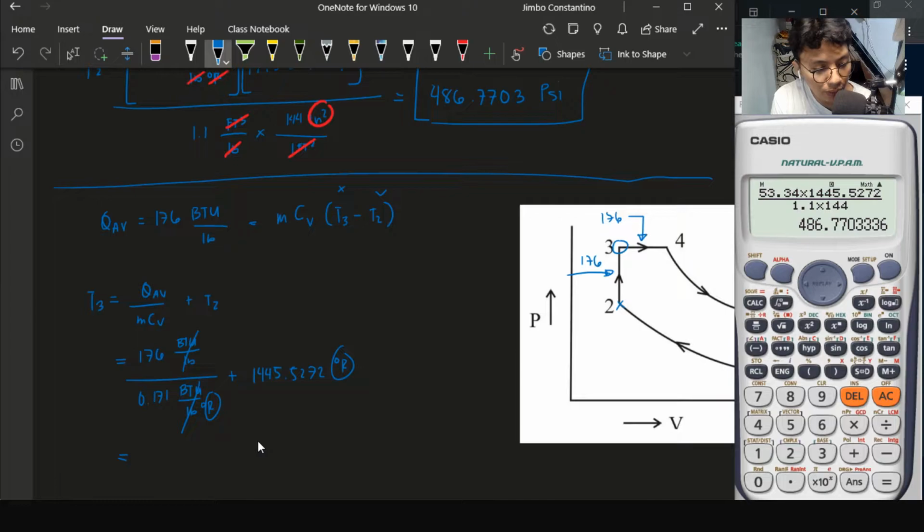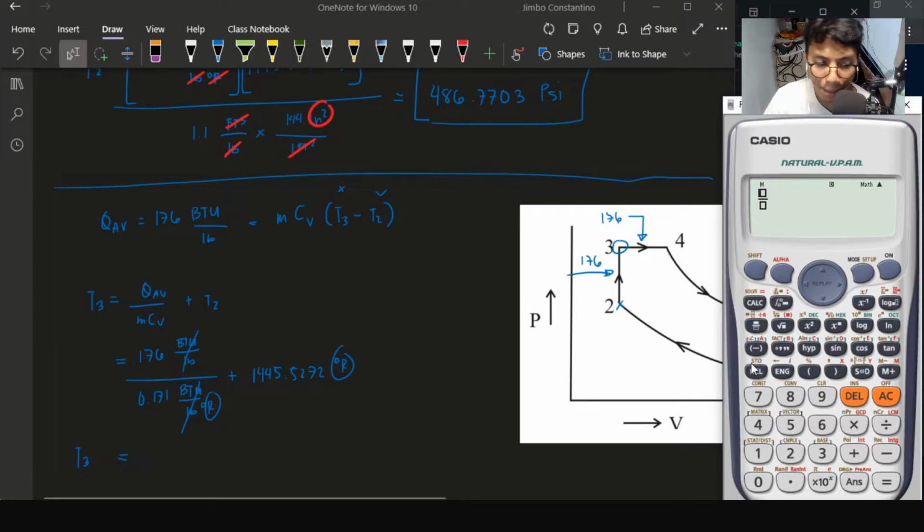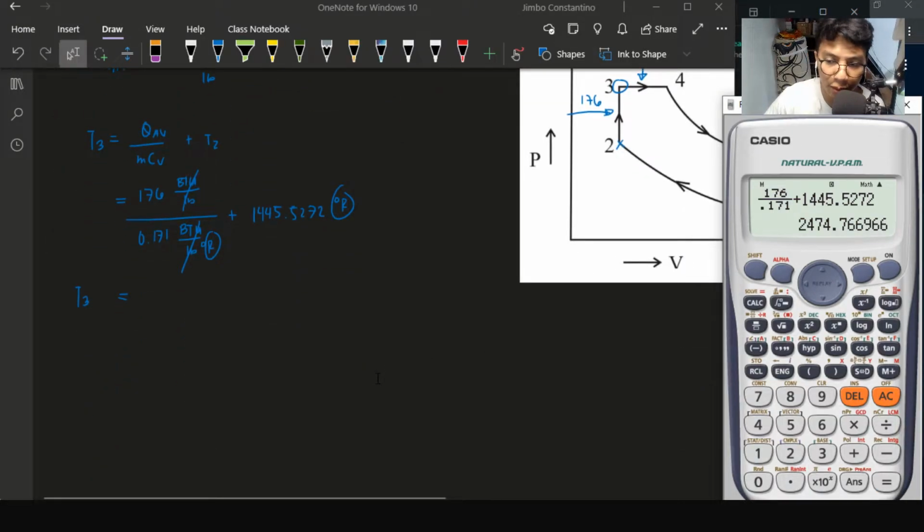So, the value for T3 is 176 divided by 0.171 plus 1445.5272. 2474.